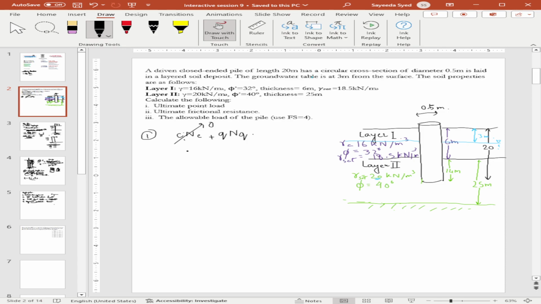So this point resistance thus will be calculated from layer 2 properties.